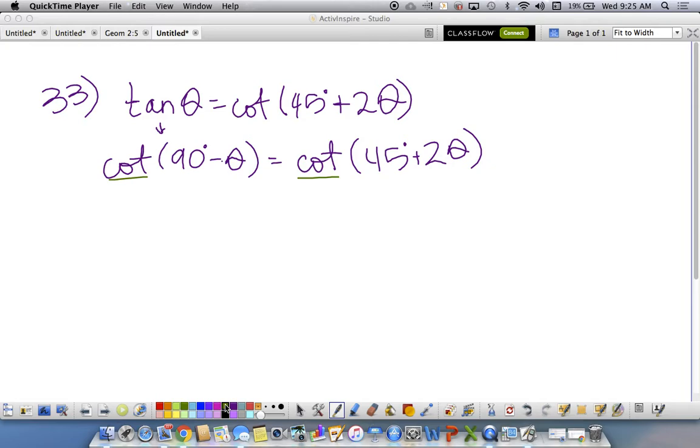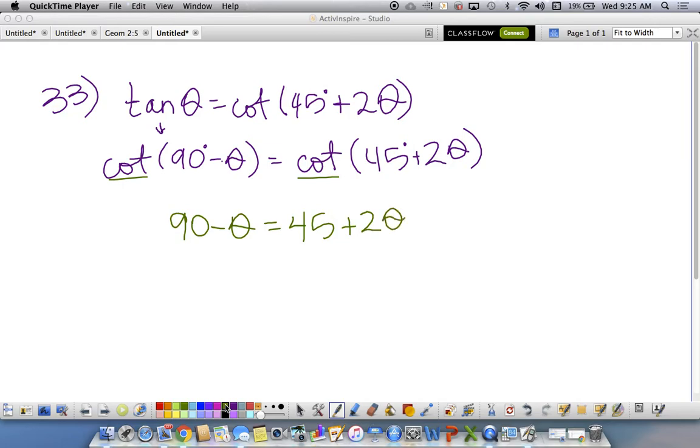If you have cotangent of an angle equals cotangent of a different angle, actually the angles have to be the same. That's why it's important to have the same trig function: those two angles must be the same.